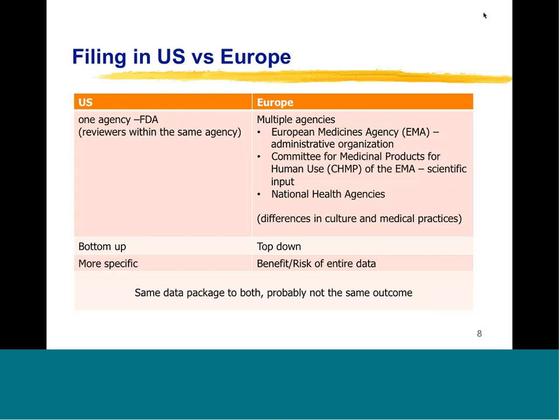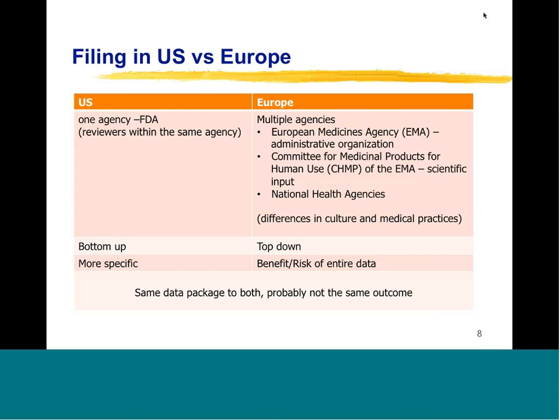There may be different practices, different cultures, but you get a collective input, and therefore when you file to EMA, you get a collective approval or lack of. So it's interesting: the U.S. is sort of a bottoms-up approach to filings, and Europe is more top-down. They look at more of the benefit-risk of the whole package.